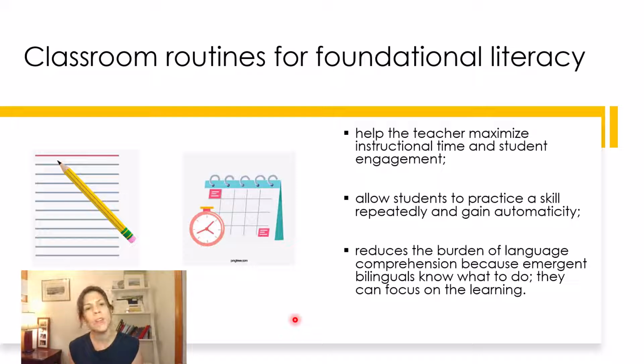And so I really want you to think back to when you may have studied a new language and that first comprehension barrier, right? When you're sitting there and you're listening to the language and you don't understand what's going on, okay? It takes so much mental energy to figure out, well, what is the teacher asking me to do?